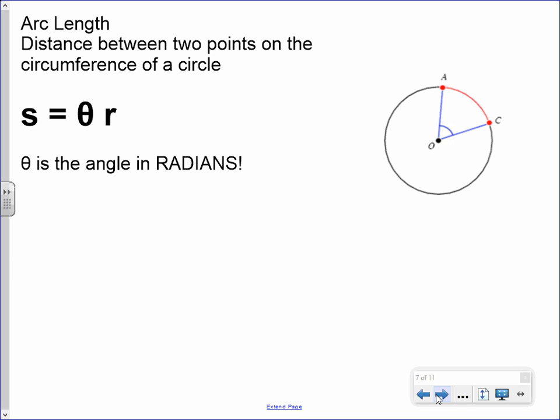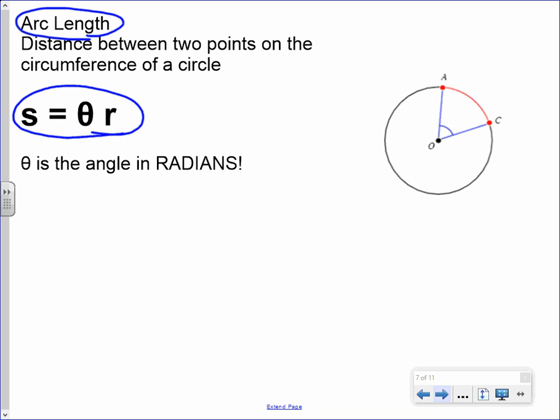So we're going to have to kind of zoom through this here. Arc length is the distance between 2 points on the circumference of a circle. Okay? We've already kind of talked about arc length, but basically we rearranged that radian formula. Arc length equals theta times r. That is how you find that measurement if you know theta and r.